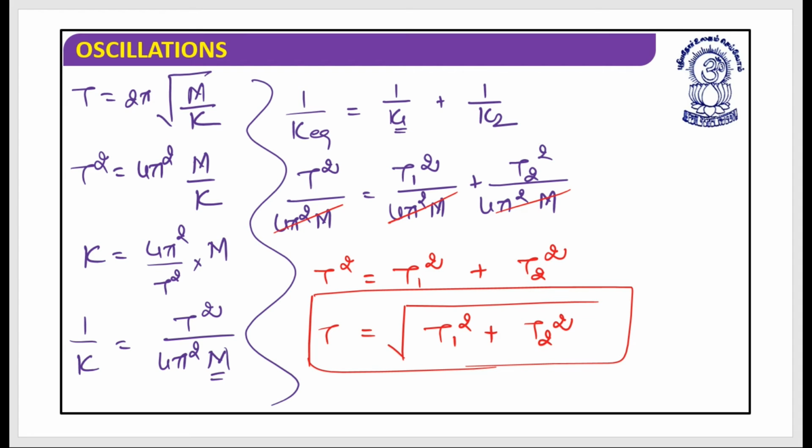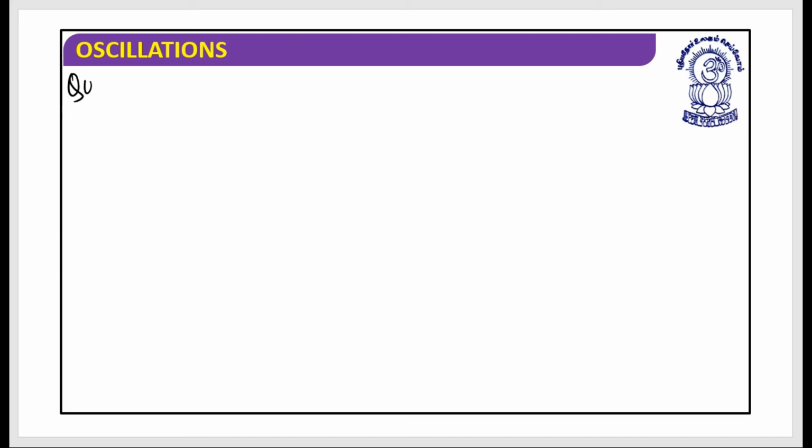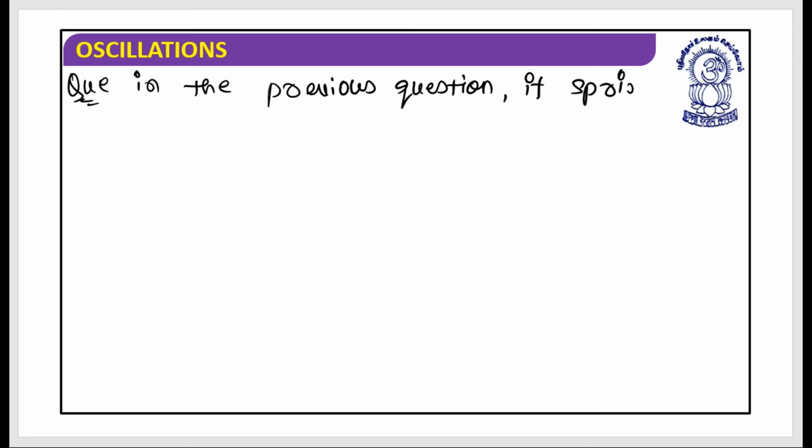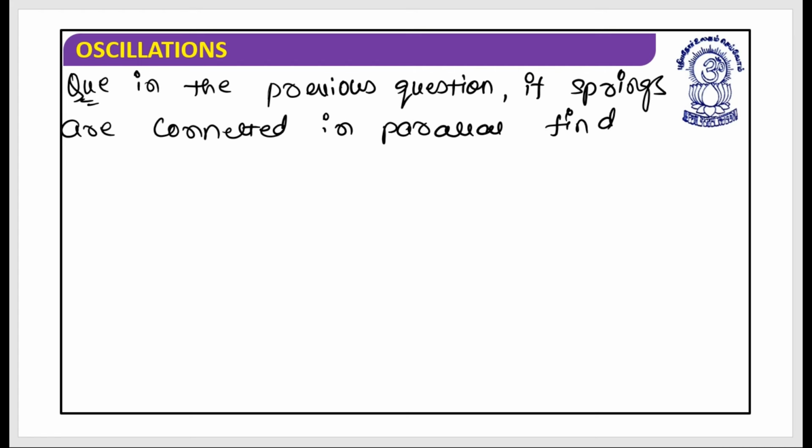Now, if I change the question a little, in the previous question, if the springs are connected in parallel, find out the new time period. How will you do this?